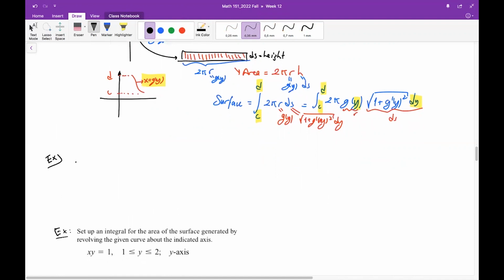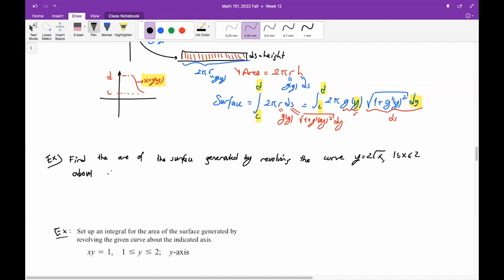So the first example is: find the area of the surface generated by revolving the curve y equals 2 square root of x over this interval about the x-axis. Okay, this is the question.